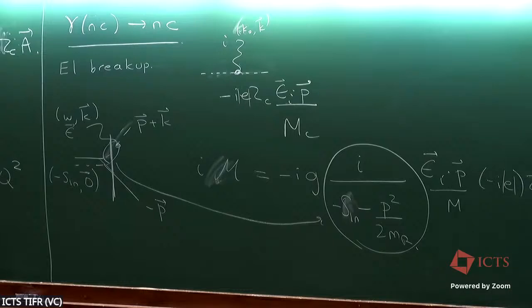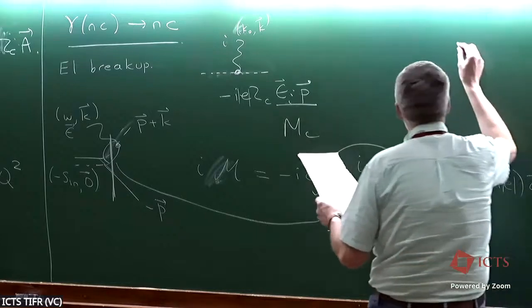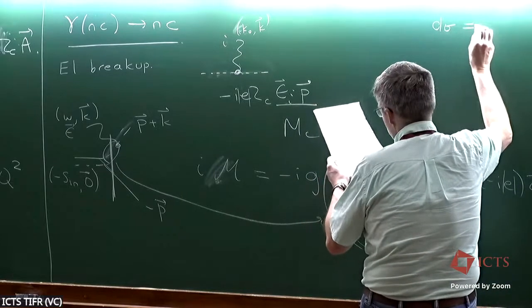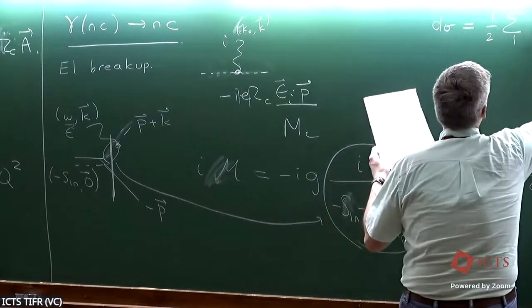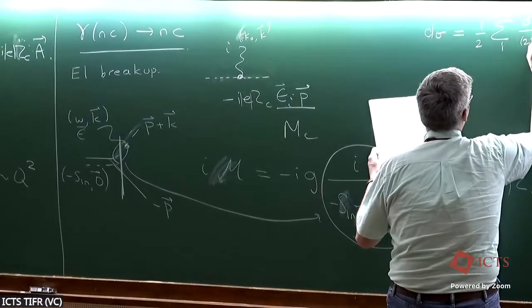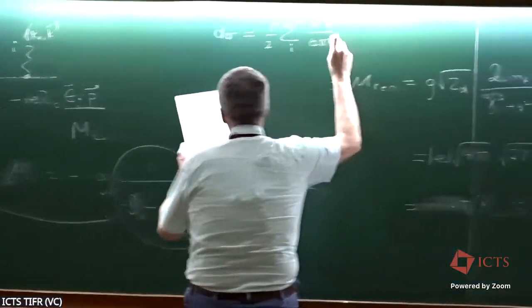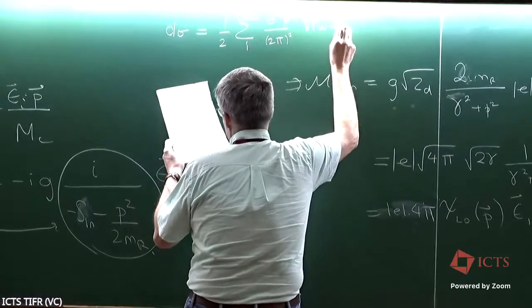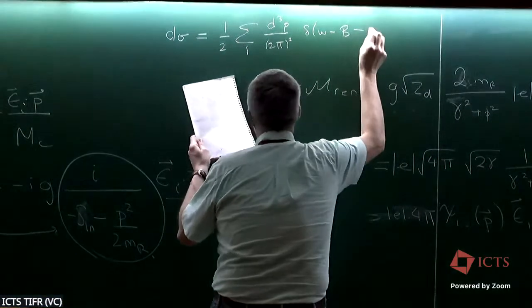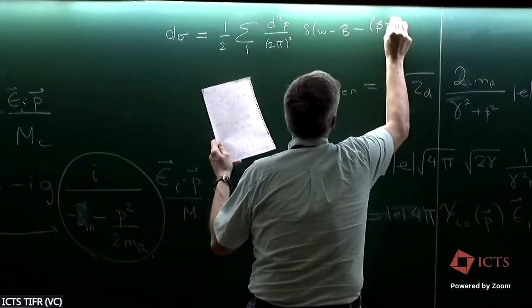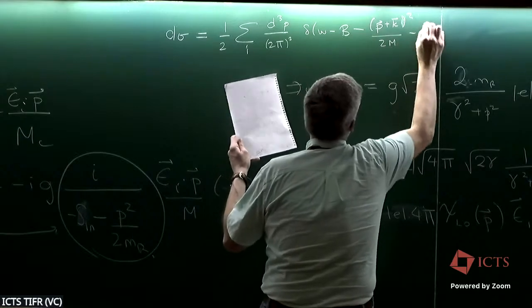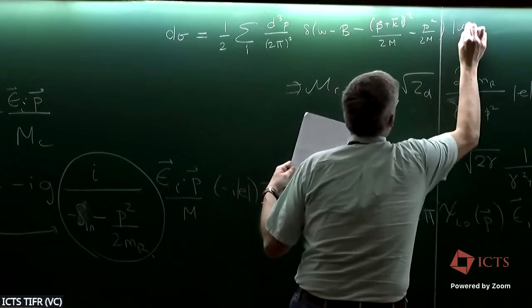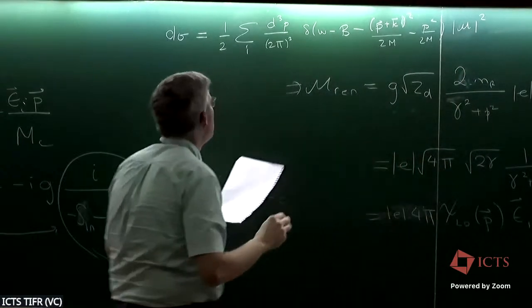And if you don't like quantum mechanics, you can go directly from the amplitude to the cross-section.